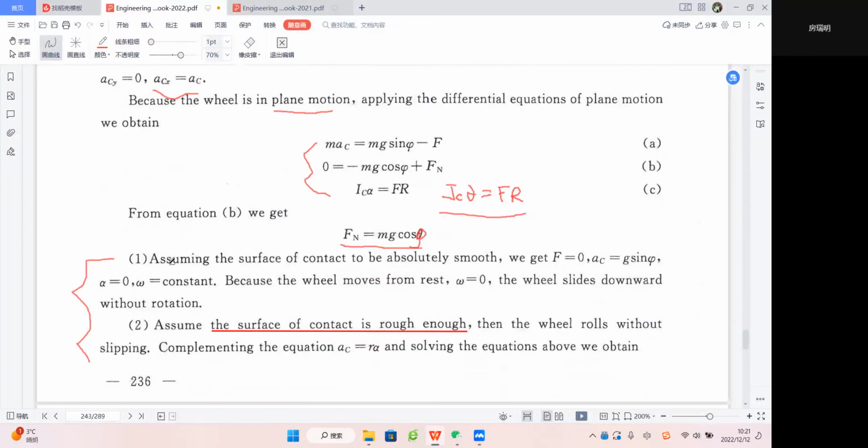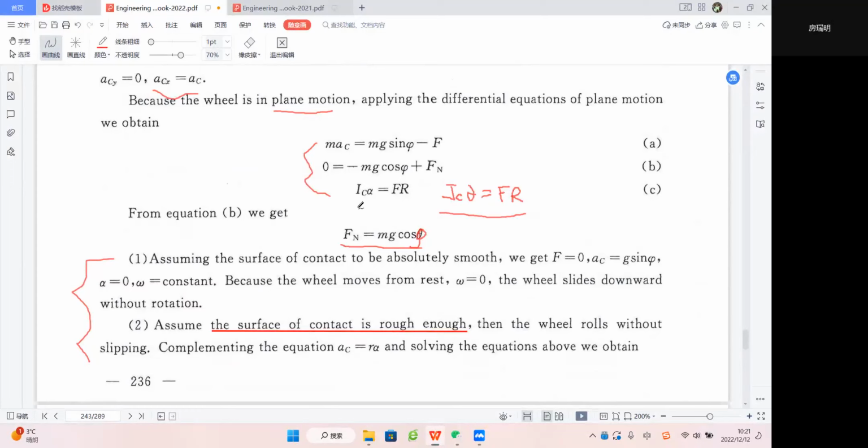One is assuming the surface of contact to be totally smooth. You know, this is the ideal assumption. So if we assume the surface of contact to be absolutely smooth, then we get F equals 0 because there will be no friction. So you guys can find from here, if F is 0, then alpha equals 0.